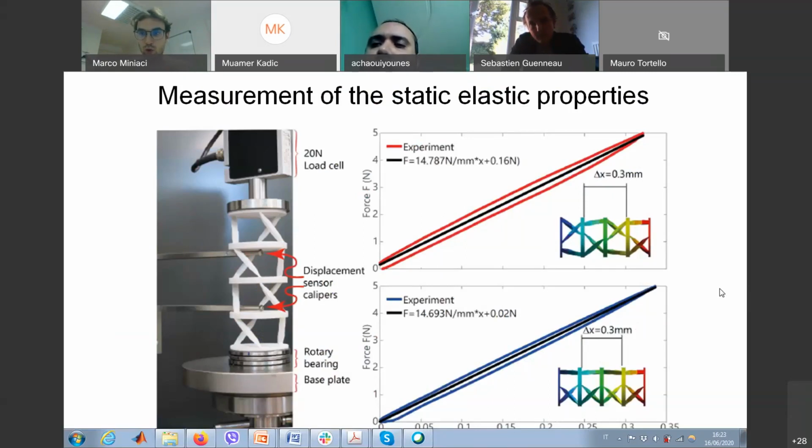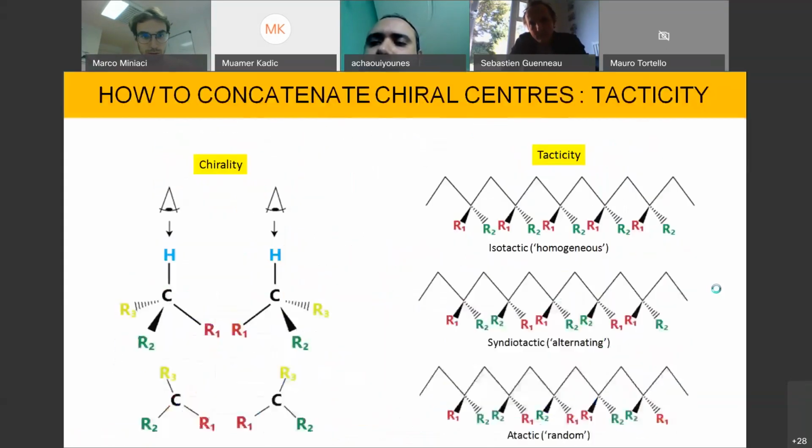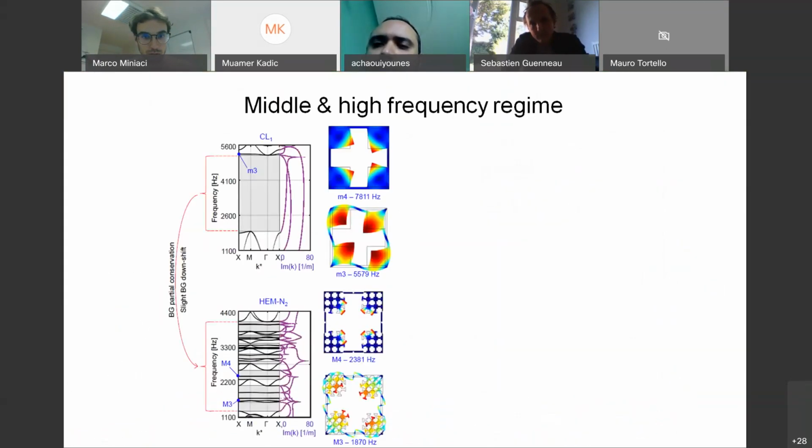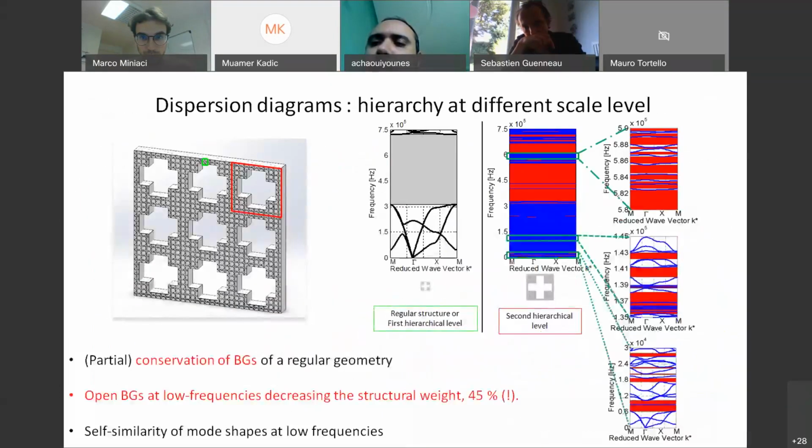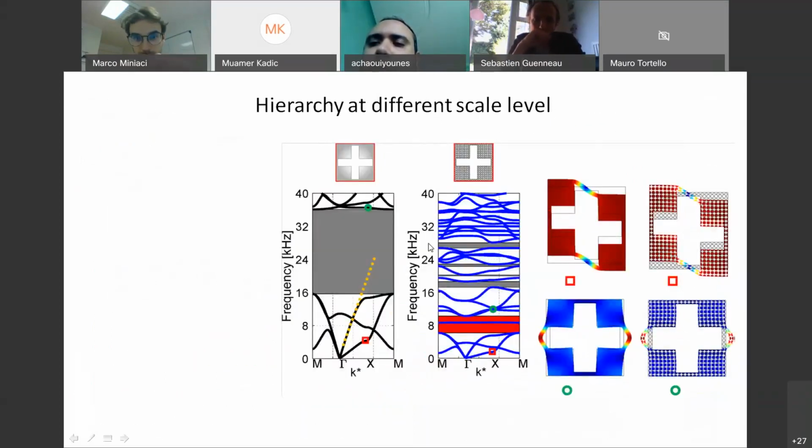Can you get back to this slide, please? Yes, sure. Because you are talking about flat bands. The other one. This one.